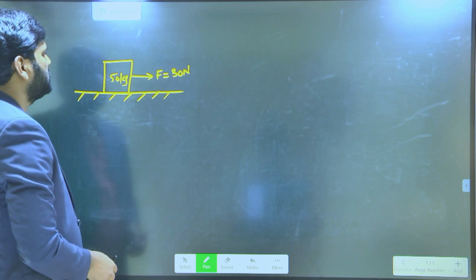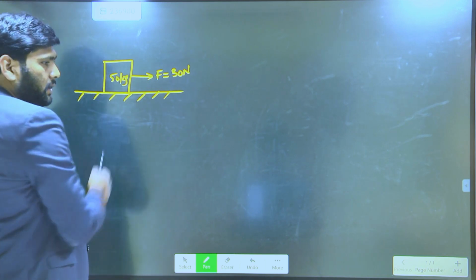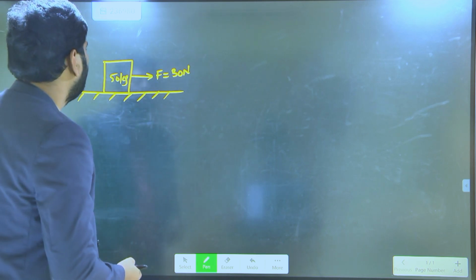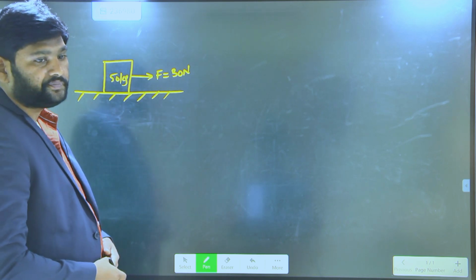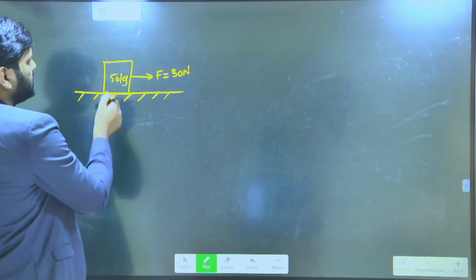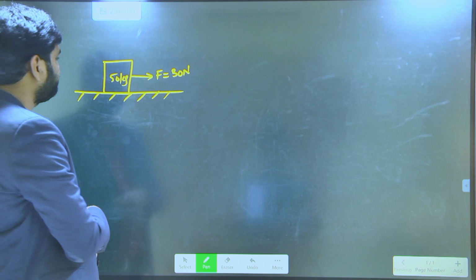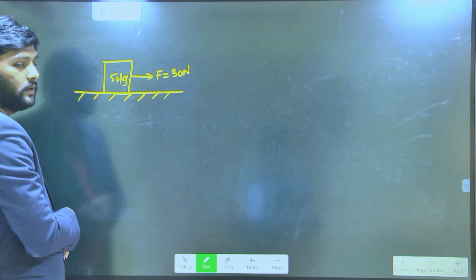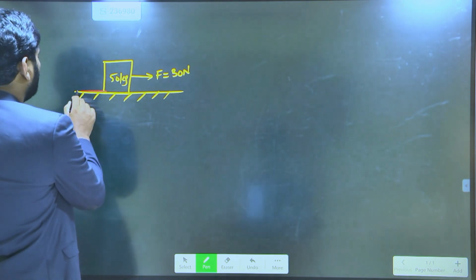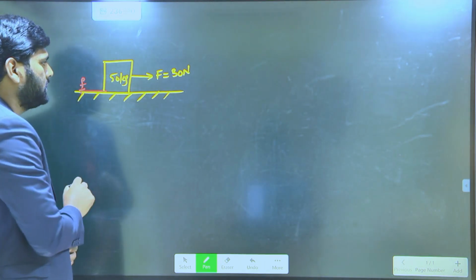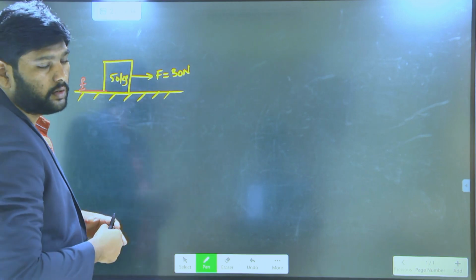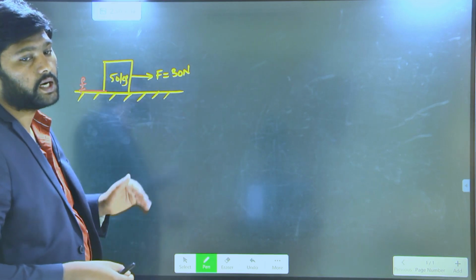When the applied force is 30 newtons, what is the friction force acting? Look here. The friction force will act in this direction on the body. If this friction force and the 30 newtons are both equal, then only the body will start sliding.